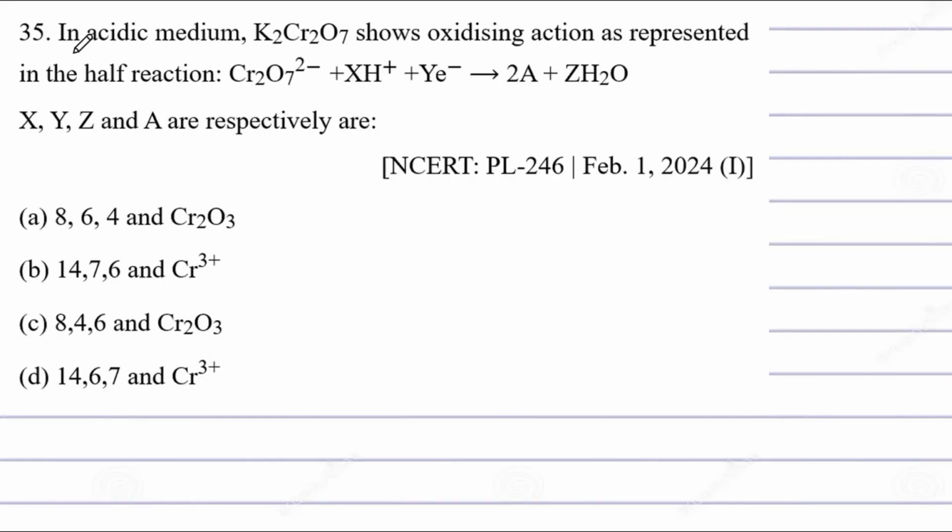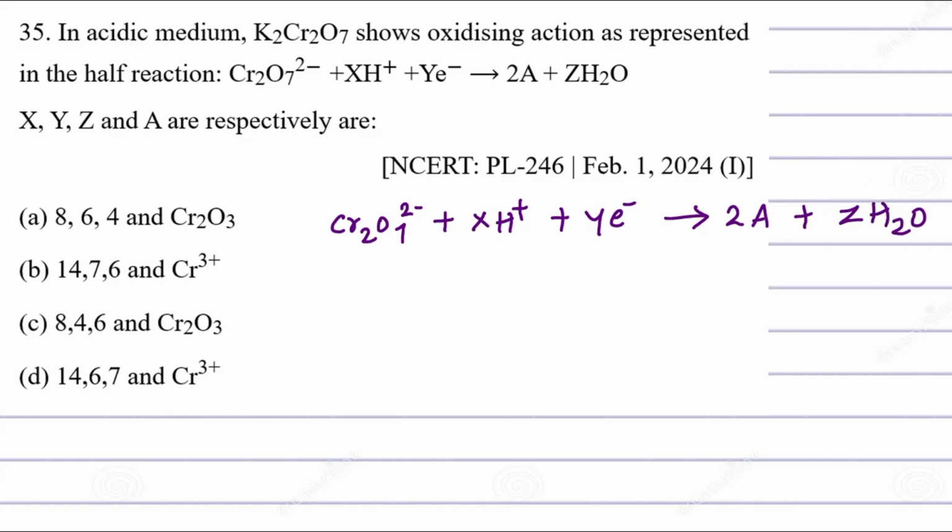The next question is, in acidic medium, K2Cr2O7 shows oxidizing action as represented in the half reaction Cr2O7 2- plus XH plus Y electrons gives 2A plus ZH2O.